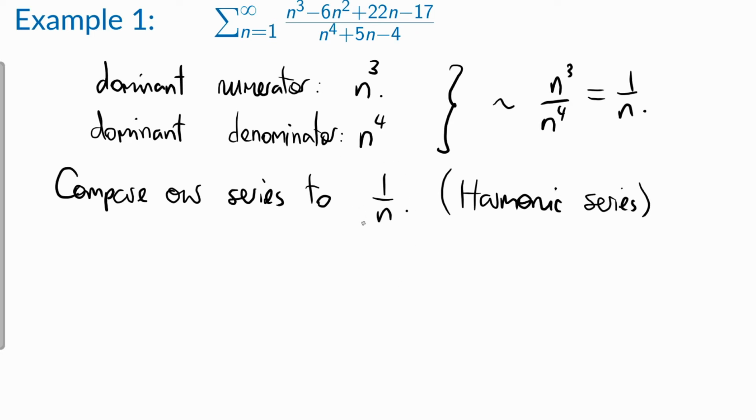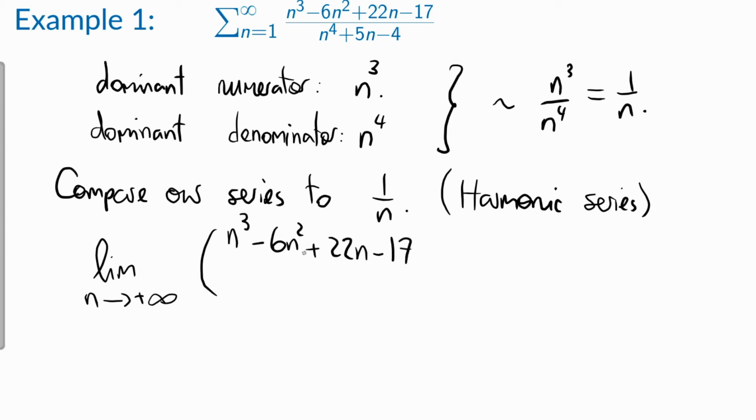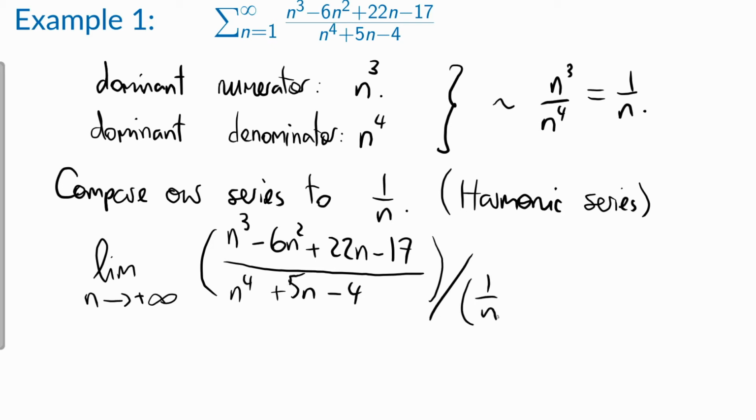So what we need to do is figure out to what extent this comparison is reasonable. So for that, we're going to take the limit as n goes to infinity of our term, that's (n^3 - 6n^2 + 22n - 17) over (n^4 + 5n - 4), and then we're going to divide that by 1 over n.